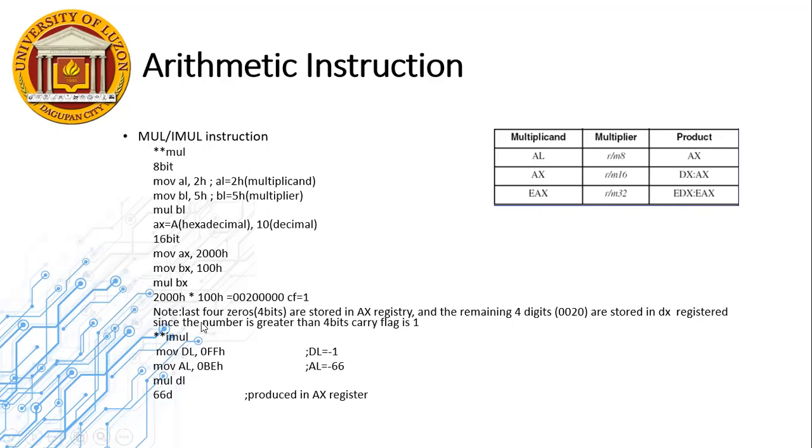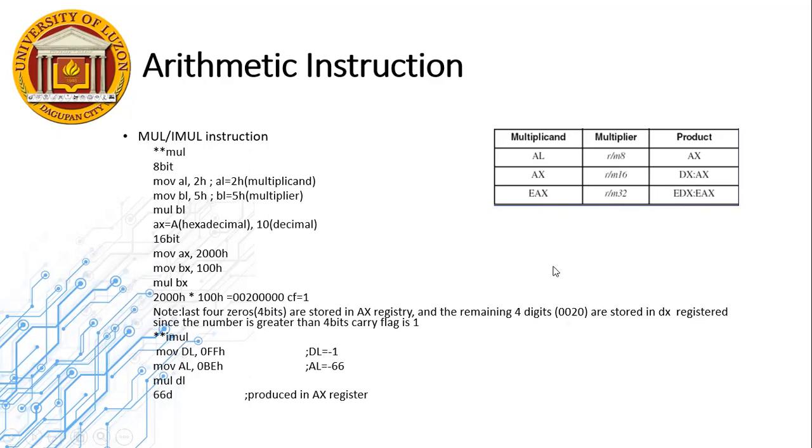The last 4 digits are stored in the AX register, the last 4 digits, this one, 1, 2, 3, 4, those integers are stored in the AX register. And the remaining 4 digits, the 0020, are stored in the DX register.